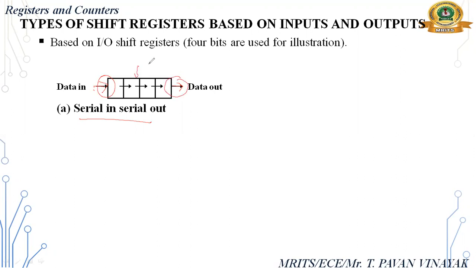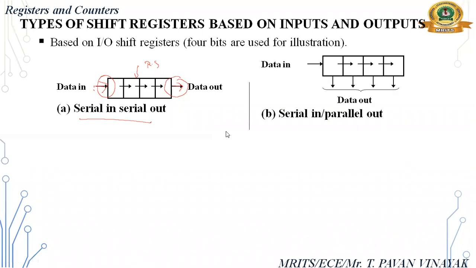It is similar to right shift. Next one is serial in, parallel out. Input is given serially to the first flip flop, and output is taken at each flip flop.